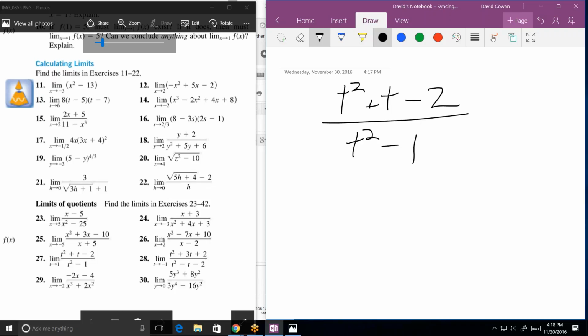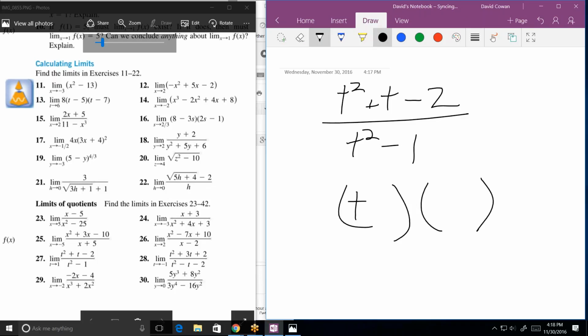So it'd be t plus, t plus 1 and t, no, let me think. Make sure you're producing the middle term. That's always the secret with factoring. Okay, so the middle term will be t, which is 1t.